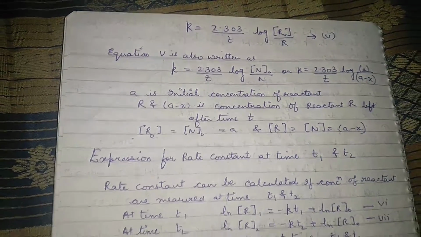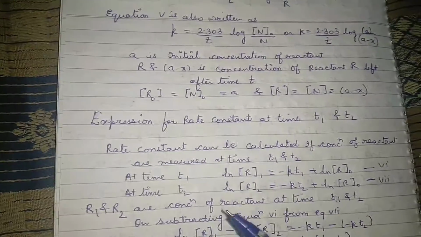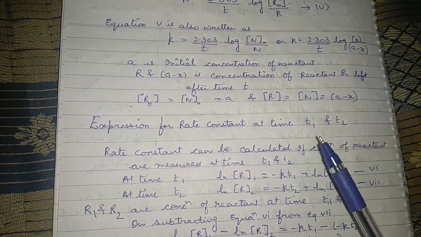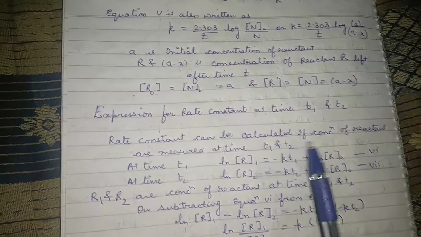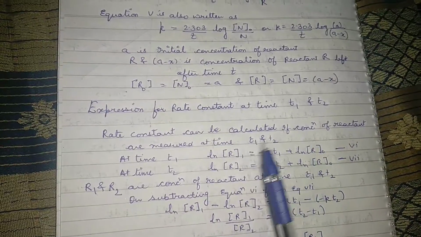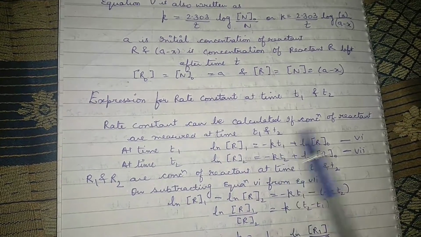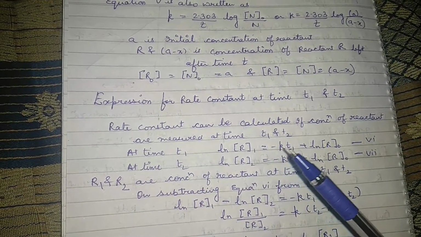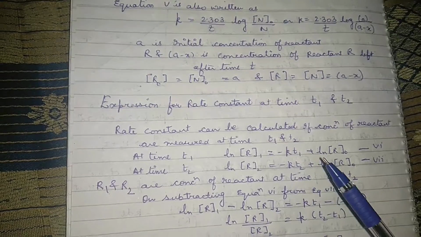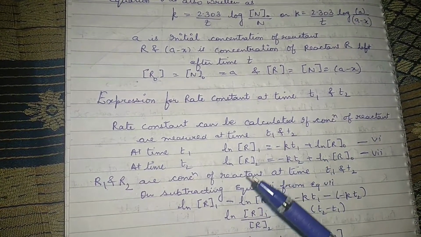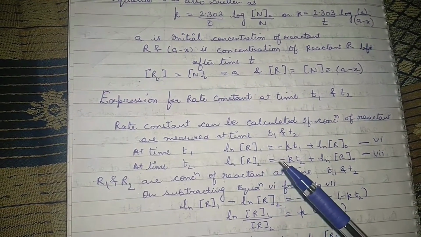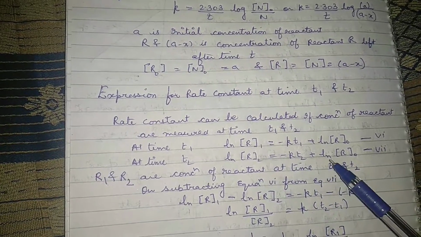Okay. So now how we can write the expression for the rate constant at times t1 and t2. The rate constant can be calculated if the concentration of the reactant is measured at times t1 and t2. So ln r1 is equal to minus kt1 plus ln r naught. At time t2, ln r2 is equal to minus kt2 plus ln r naught.